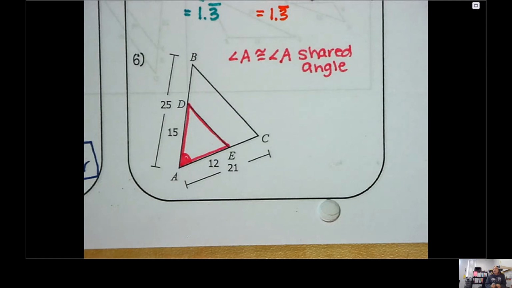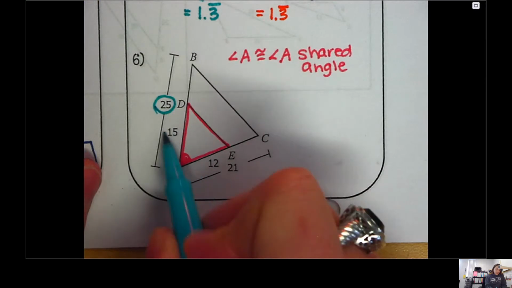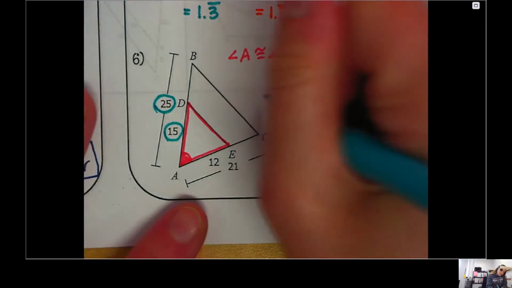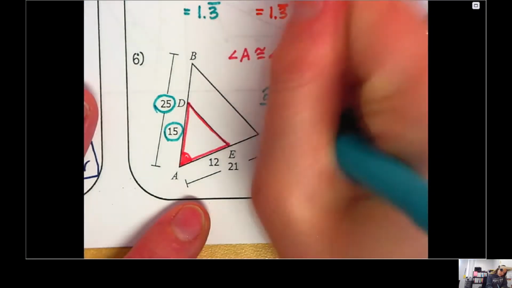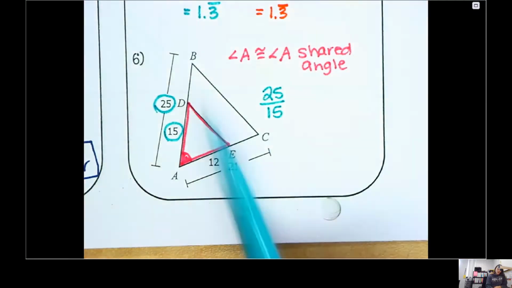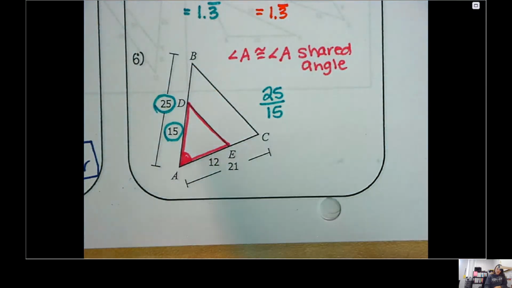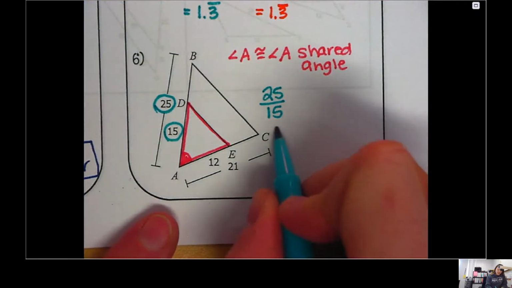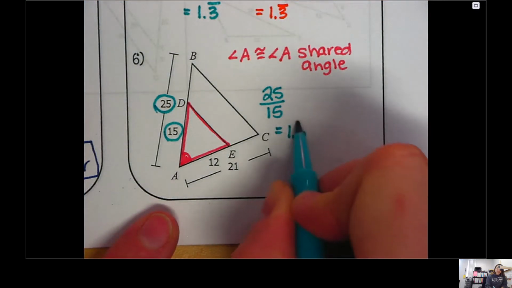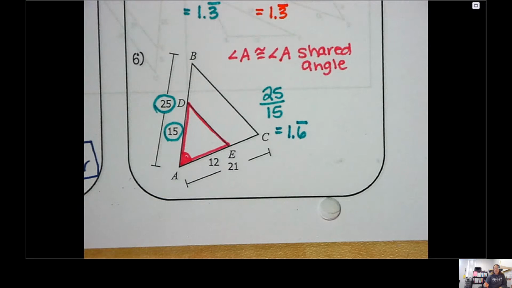So who can give me one fraction for this problem? Andrea? 25 divided by 15. Good. All right, so that's the larger side, and then you've got the smaller side here. If you put that in your calculator, you get 1.6 repeating.